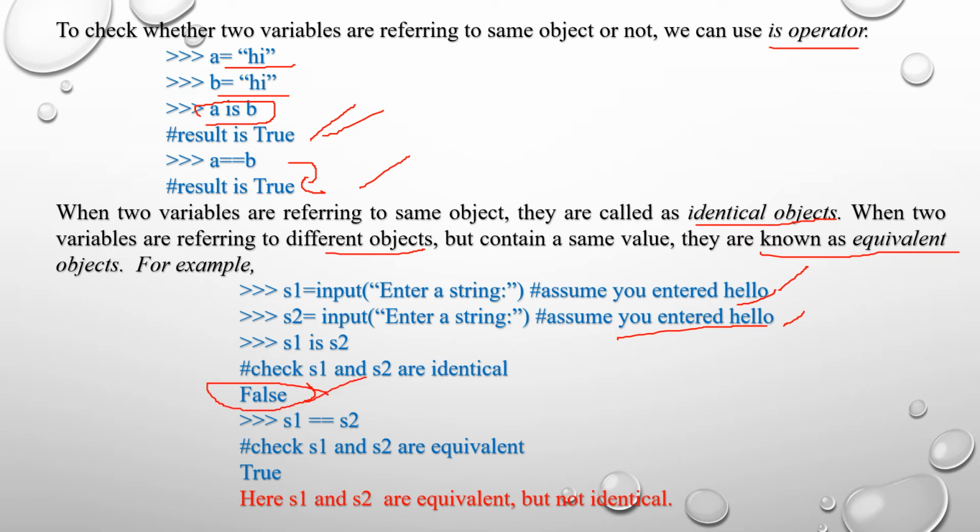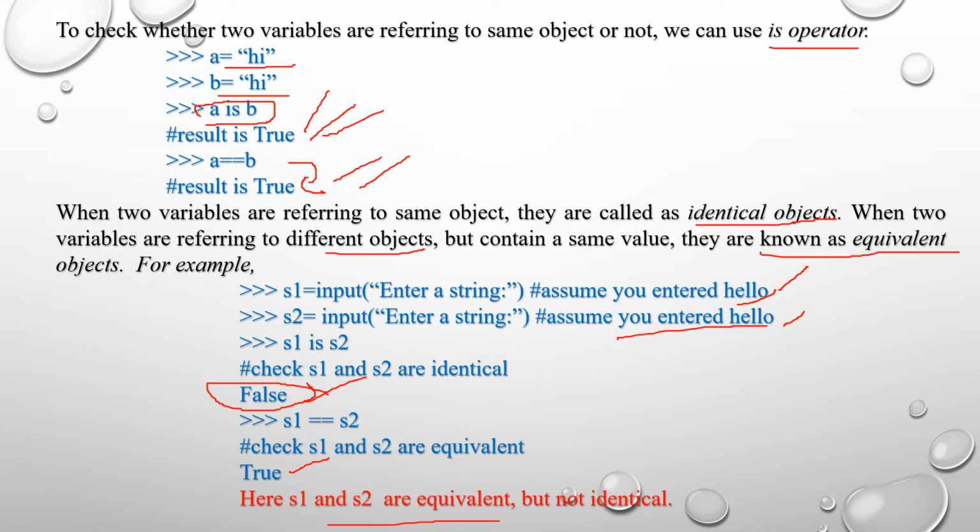Now check whether s1 and s2 are identical or equivalent. If you compare s1 double equal to s2, the Python interpreter gives True, because s1 and s2 are equivalent but not identical. So in the earlier case, a is b gives True and a double equal to b gives True.